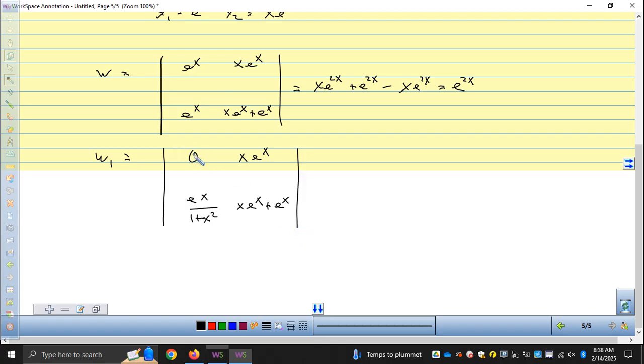So we always have the 0 here for our undetermined coefficient, so we just have one term to deal with. Here we get negative x e to the 2x over 1 plus x squared.